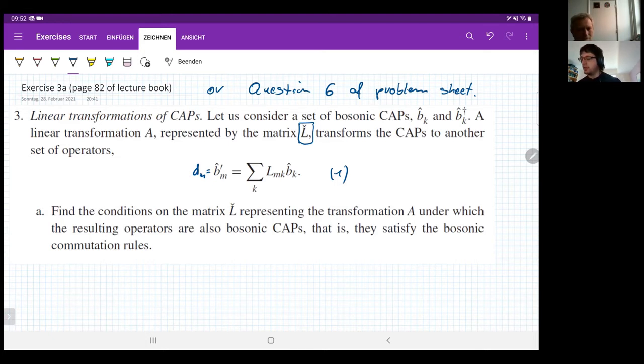But you will find more about this in the next lectures. I think it's next week where you discuss superconductivity and the BCS model.